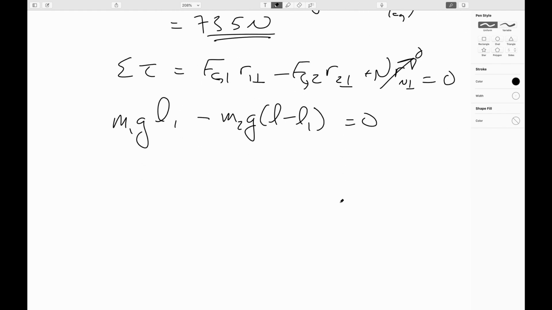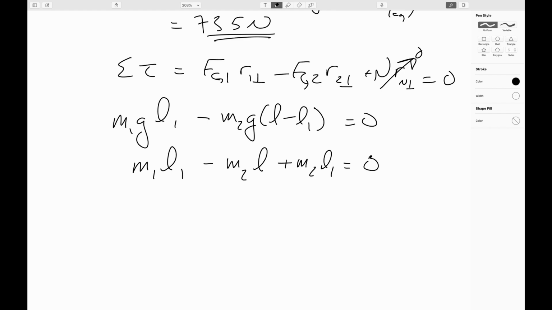So first thing we can do is divide both sides of the equation by g. That would drop the g's here and leave us with a 0 over g here, so it's still 0. So this will give me m1 L1. And then I'm going to distribute the m2 across this, so this will be minus m2 L. Then minus minus is a plus m2 L1 equals 0.